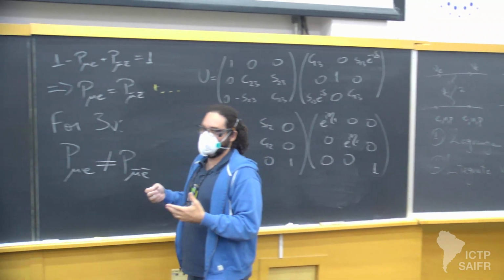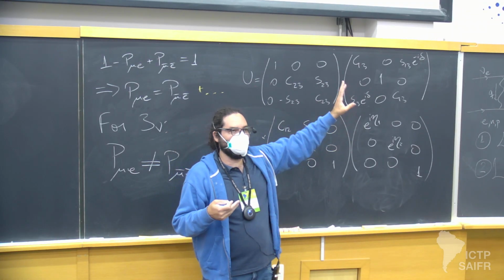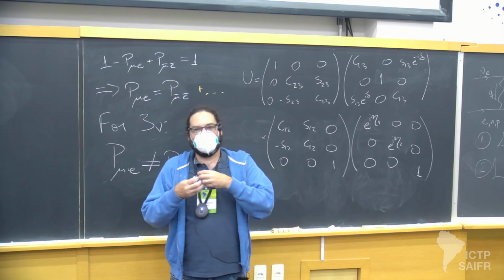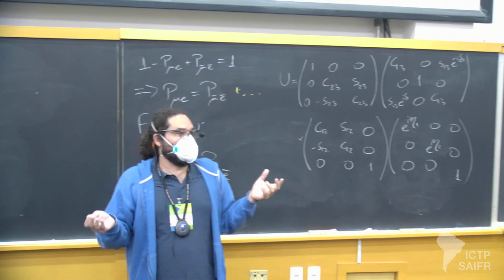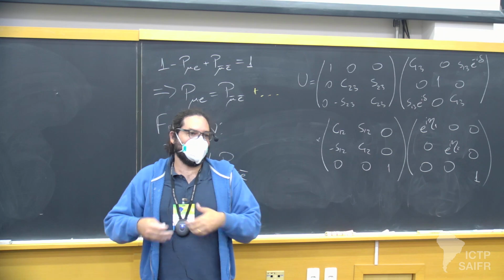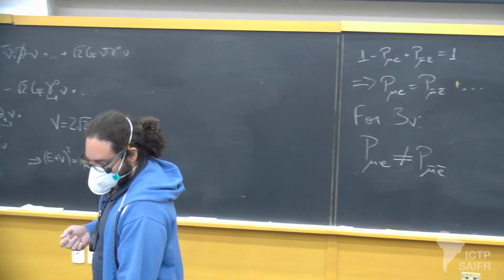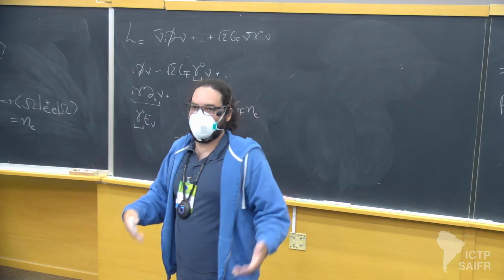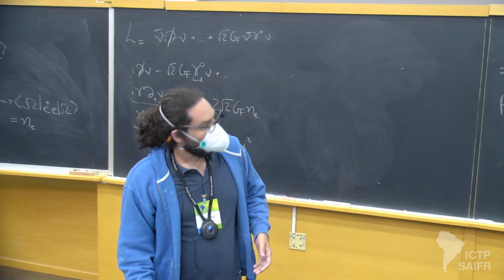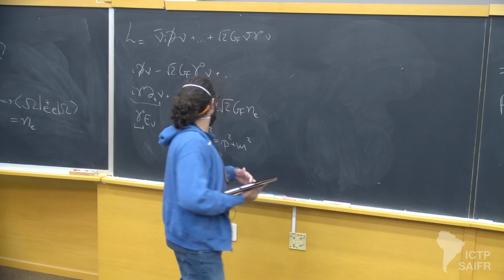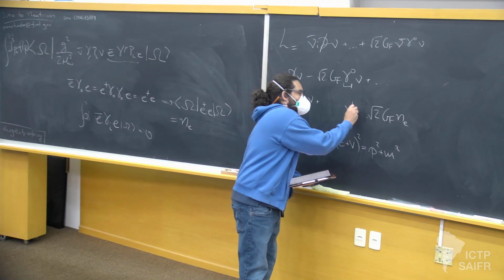The matter potential that is induced by electrons, neutrons, and protons via the Z boson is the same for all neutrinos, which actually does not affect oscillation physics. It acts like an overall phase, so you don't really need to calculate that. Although if you do this calculation, just changing to electrons, neutrons, and protons is going to be trivial. So this is actually the only part of the potential. I think there's an extra 2 here. It should be like this.